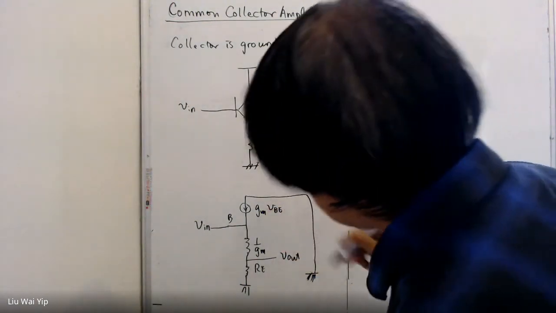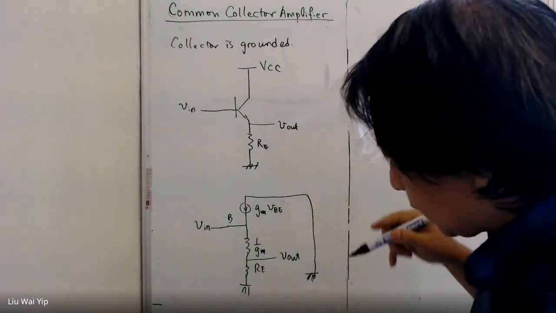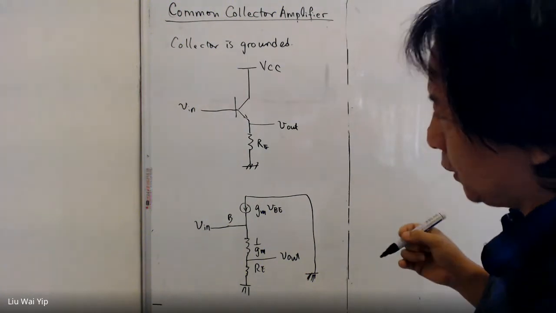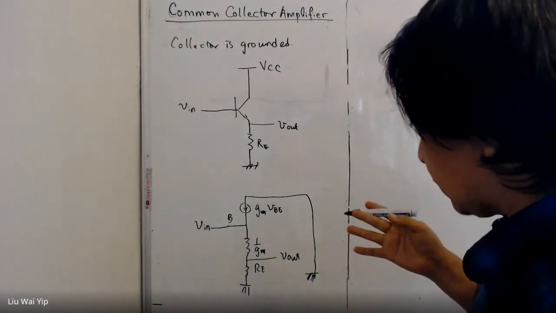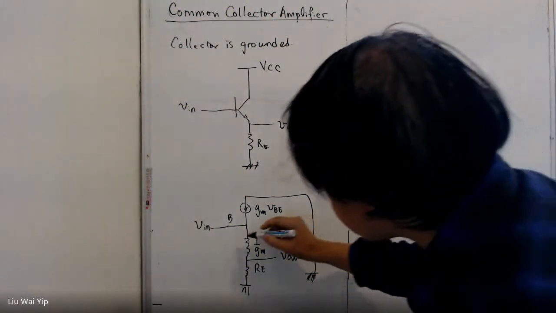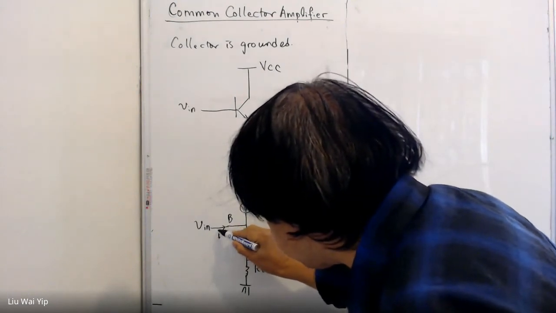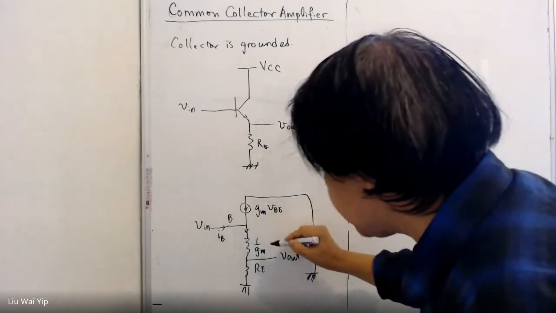We don't know the collector current, so the first thing that we want to know is the transfer characteristic. By looking at the circuit here, we have the current going into here, IB, and the current going down here, IE.